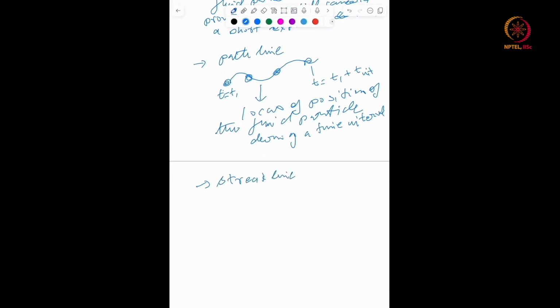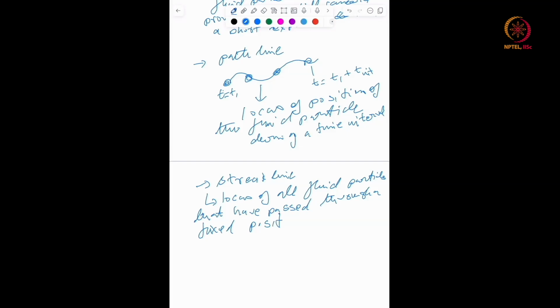So the streak line is the locus of all fluid particles that have passed through a fixed position in the fluid during some time interval.